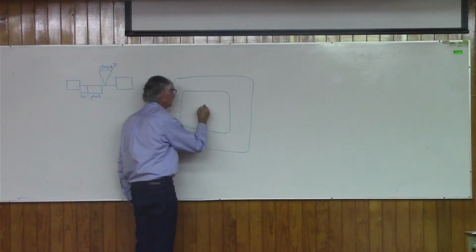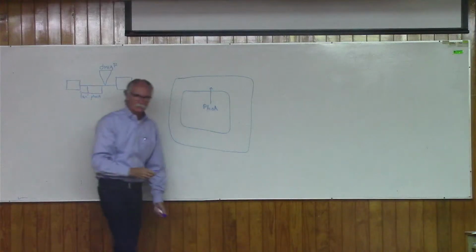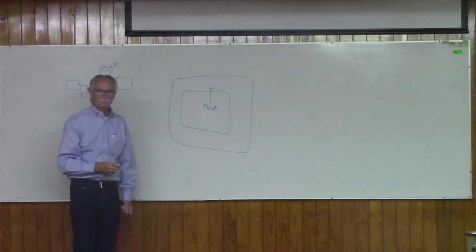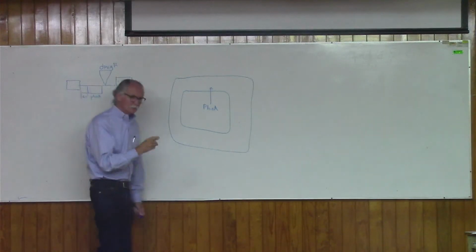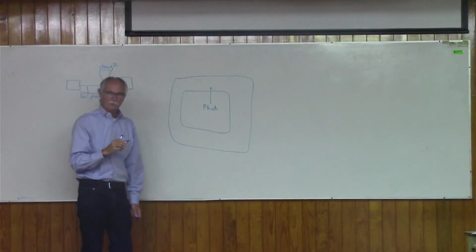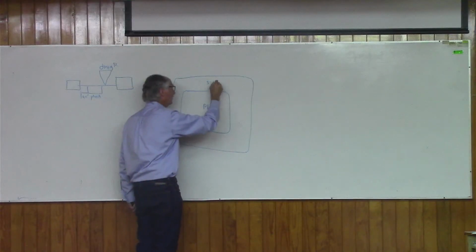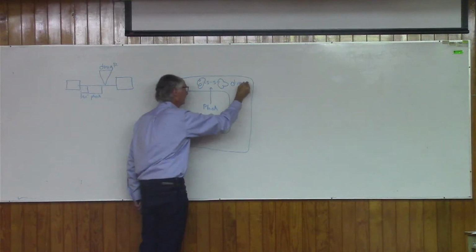alkaline phosphatase, the PhoA gene product, is exported into the periplasm. And in the periplasm, much like he described for ampicillin, PhoA can form disulfide bonds where it's a dimer, and it's the dimer that's active.